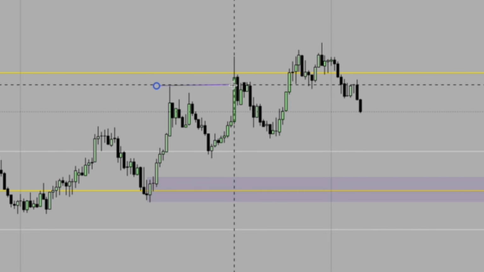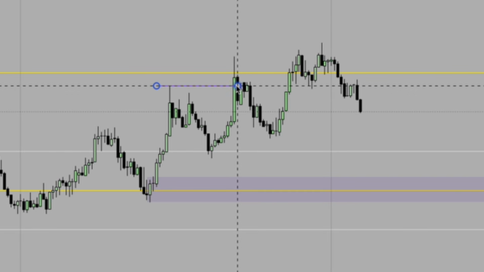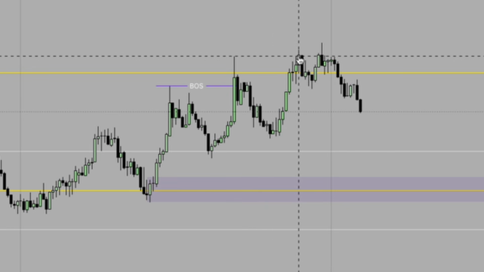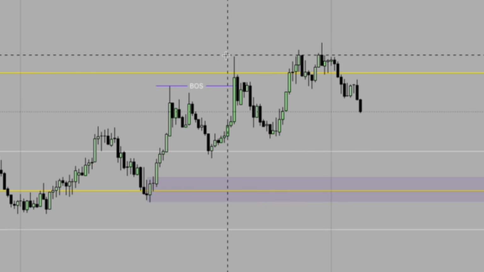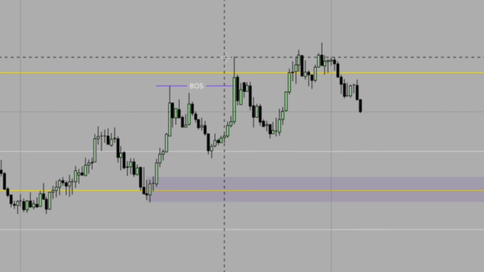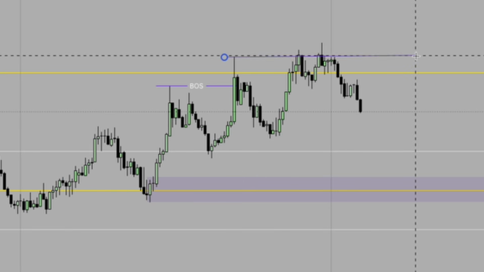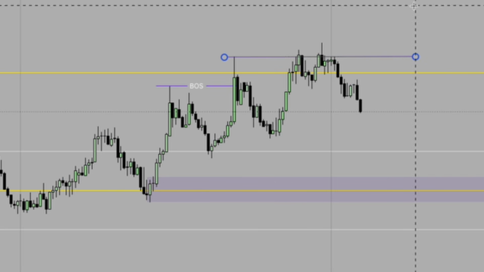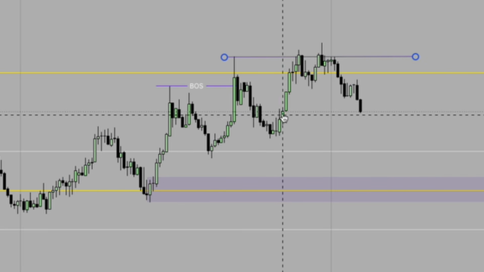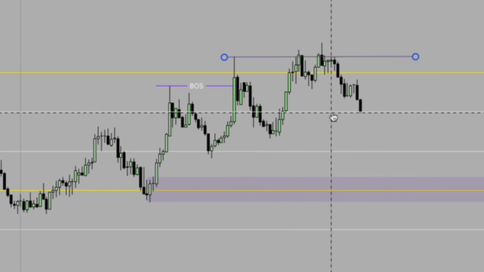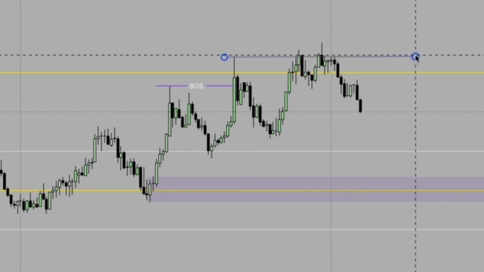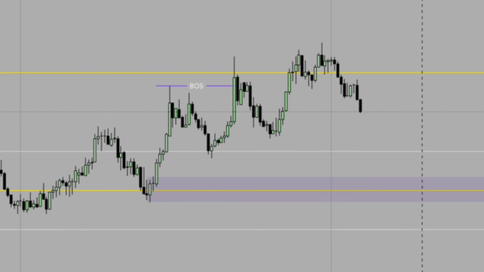The market is clearly breaking structure at this level. And if you look at this one above here, this is not a proper breakout structure. This is just a liquidity sweep. So I will not be considering this demand zone, even if we have a psychological level here. So this is what I'll be considering.